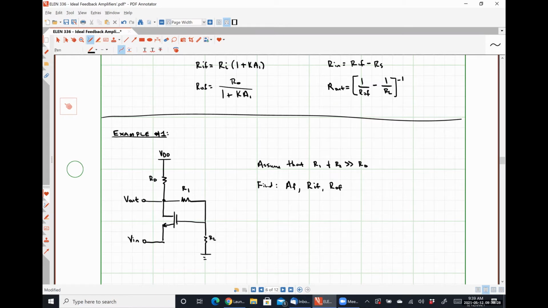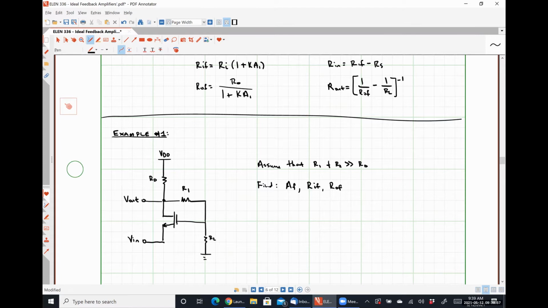But the purpose of the feedback network isn't to connect directly to the input. It is to add or subtract a voltage from the input signal, right? So if we have this resistor connected between the output and the gate, that means that the gate source voltage of that transistor is going to change depending on what the output signal is. And so therefore we have feedback in place.